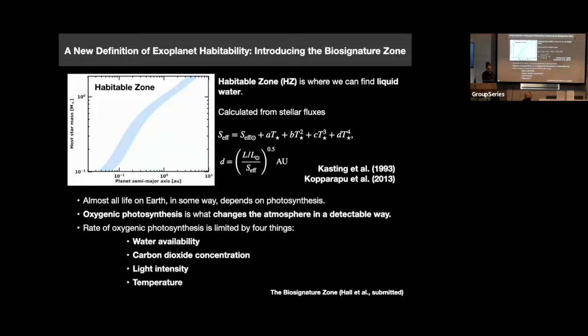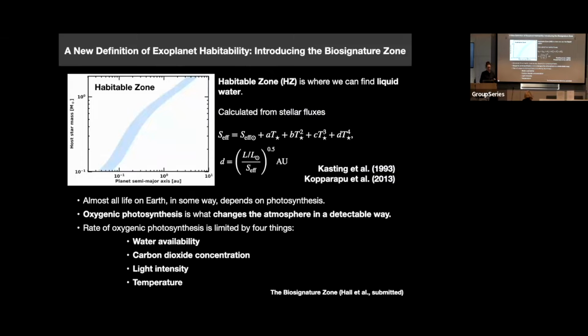So almost all life on Earth in some way depends on oxygenic photosynthesis. You can have anoxygenic photosynthesis, that doesn't change the atmosphere. You can have chemosynthesis, doesn't change the atmosphere. If we're going to detect biosignatures or potential markers of life, you need something that changes your atmosphere. Oxygenic photosynthesis is rate limited by 4 things. 1, water abundance. 2, carbon dioxide concentration. 3, light intensity.